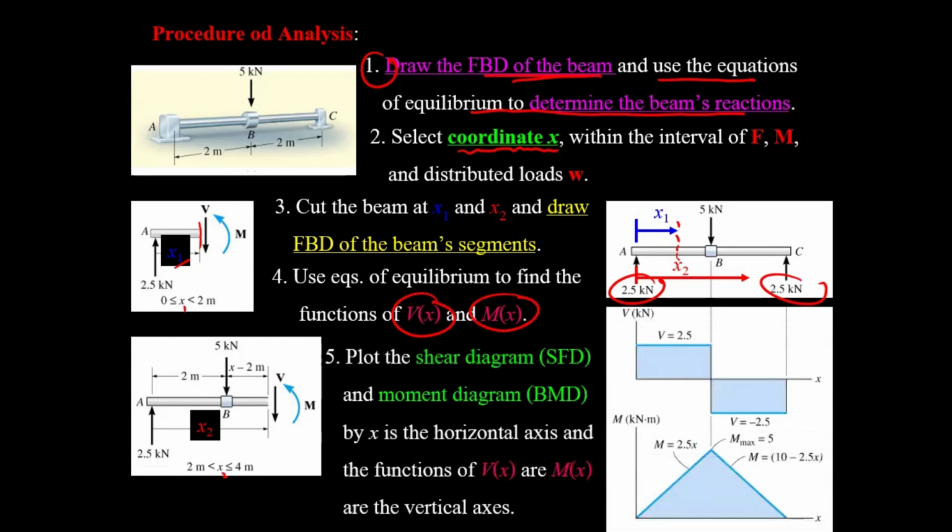Later you should be able to draw the shear diagram and moment diagram. Here you will have V max equal to plus or minus 2.5 kilonewtons, since the maximum positive is here and maximum negative is here, and then we may also determine the M max that's going to be at this point.